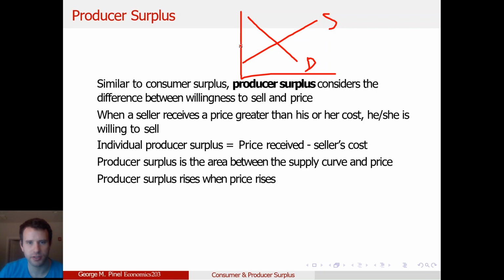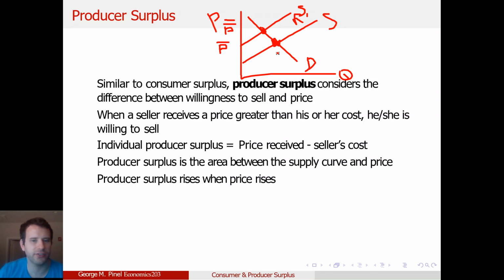As the price increased, let's say from this point here, so let's say we had a supply shift in, from S to S1, and a corresponding price increase from P bar to P, we'll call it double bar.